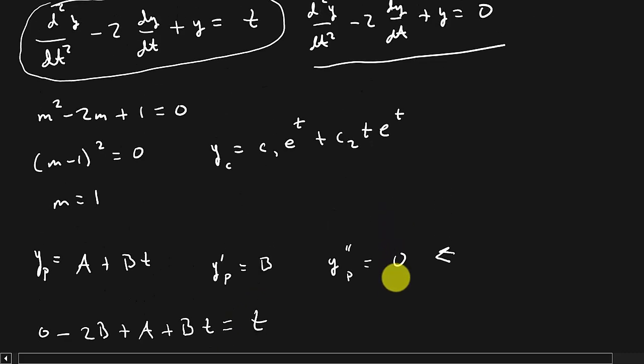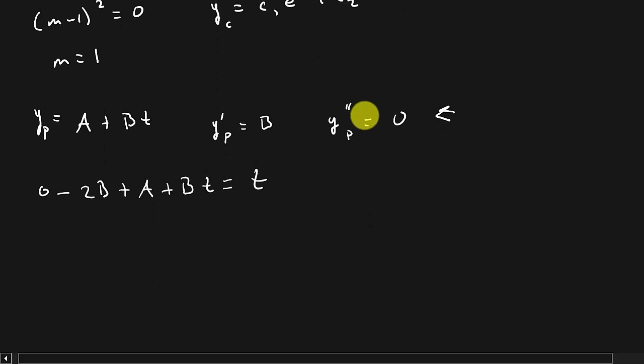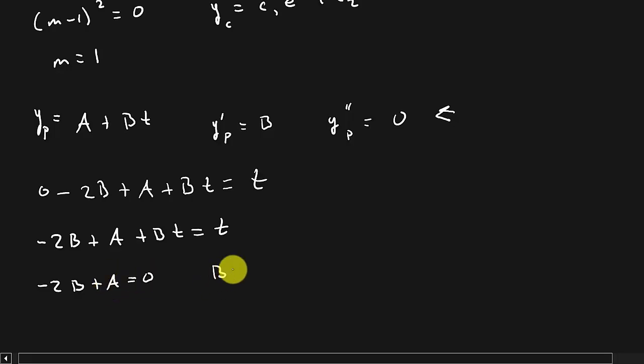All right, plug y double prime into here, y prime, which is just b, into here, and y, which is this, into there. And so I've got negative 2b plus a plus bt equals t. So this tells me negative 2b plus a is equal to 0 and b is equal to 1. See, this is your constant.